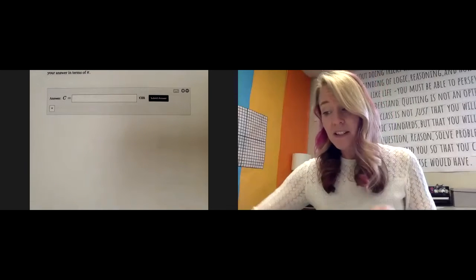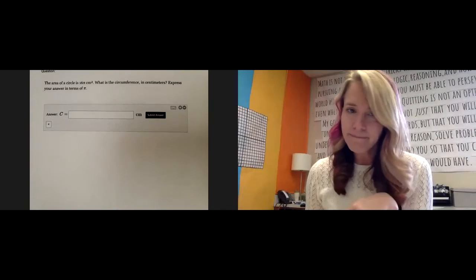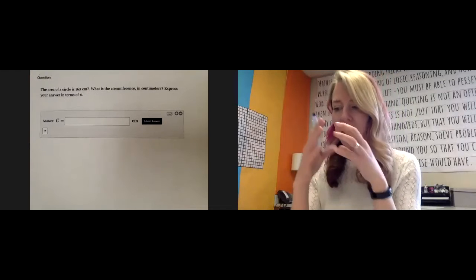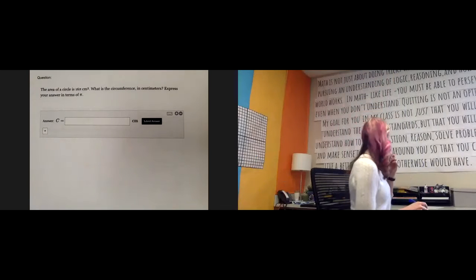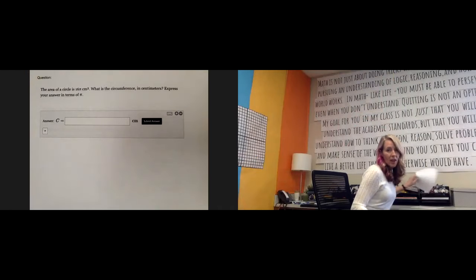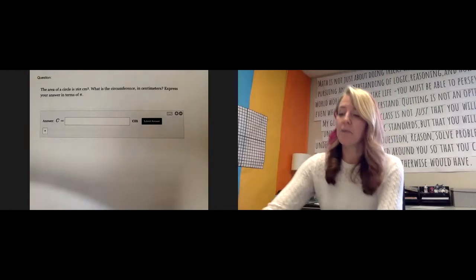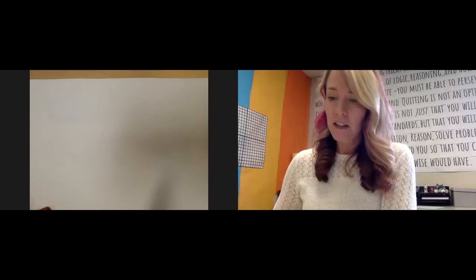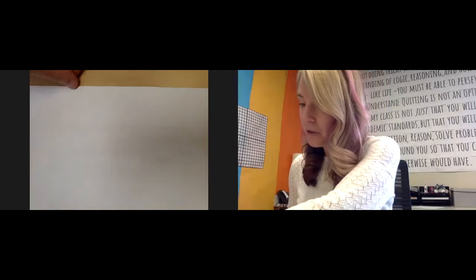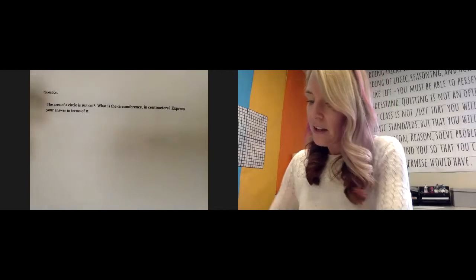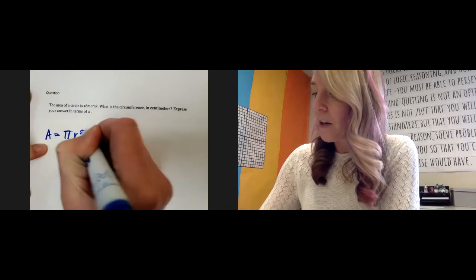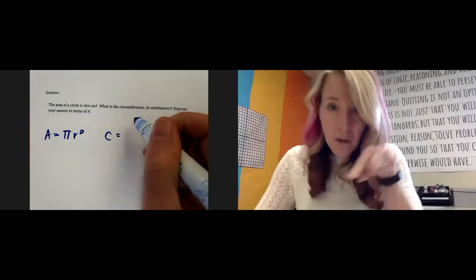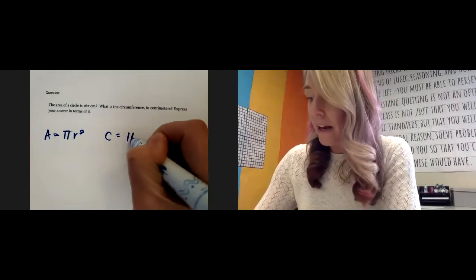All right, the next one says the area. They're so tricky. Now they're telling us the area is 16 pi, so they kept it in terms of pi. I'm going to write the relationship here so you can see it again. Area is pi times the radius squared. Circumference, wrapping around the edges, is pi times diameter.